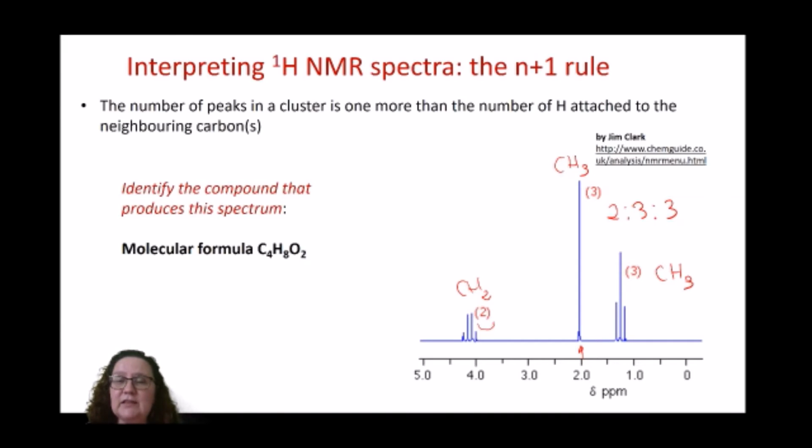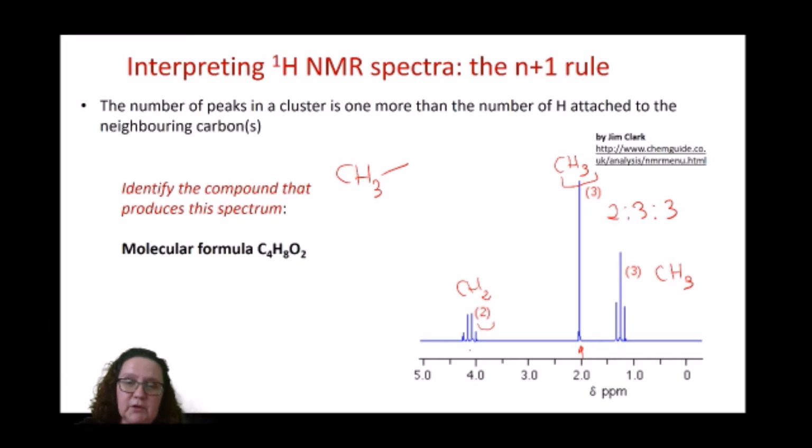It means that the hydrogens in this methyl group are next to a carbon or an atom that does not have any hydrogens attached to it. So I keep that in mind and think, okay, I've got a CH3 in my structure that is attached to something, potentially a carbon, but there are no hydrogens on that neighboring carbon. And that's why I have a singlet, no multiplicity.